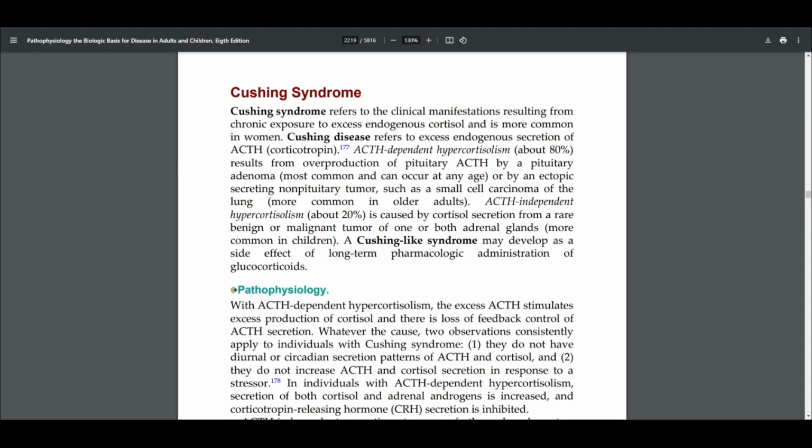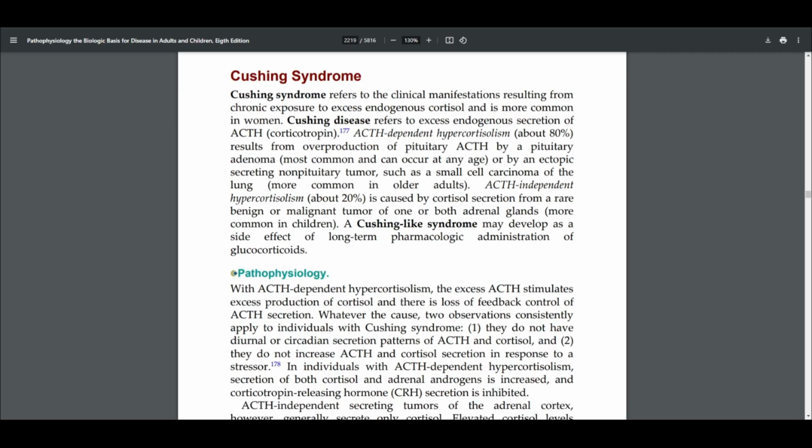ACTH-dependent hypercortisolism results from overproduction of pituitary ACTH by a pituitary adenoma, or by an ectopic secreting non-pituitary tumor, such as a small cell carcinoma of the lung. ACTH-independent hypercortisolism is caused by cortisol secretion from a rare benign or malignant tumor of one or both adrenal glands. A Cushing-like syndrome may develop as a side effect of long-term pharmacologic administration of glucocorticoids.